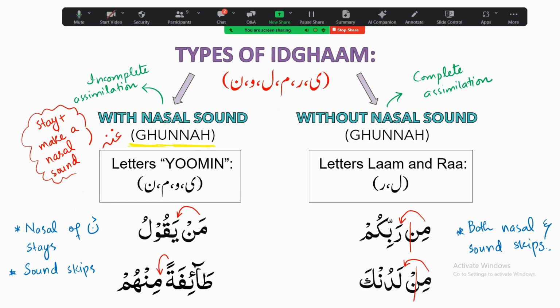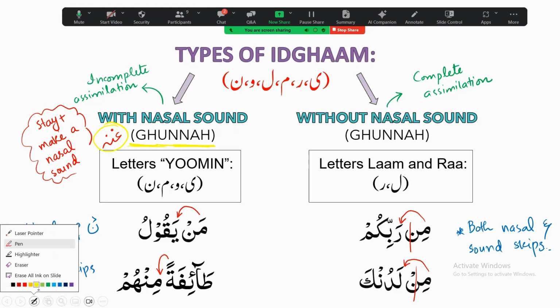Gunna means staying for a bit on a letter and making a nasal sound. You can simply remember that the word gunna means making a nasal sound. Okay, so these are the names of the two types: assimilation with gunna and assimilation without gunna.